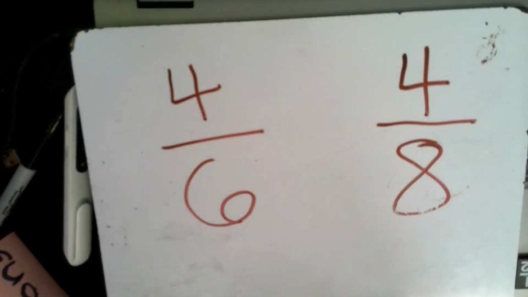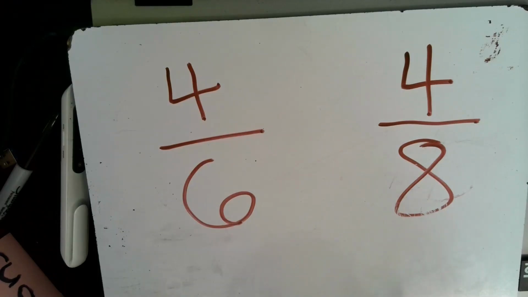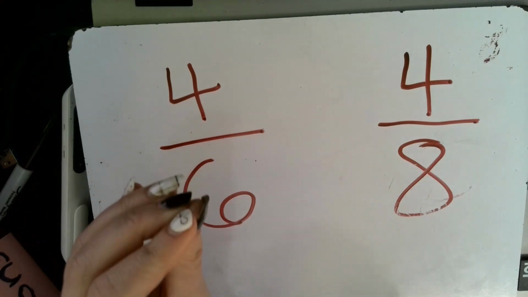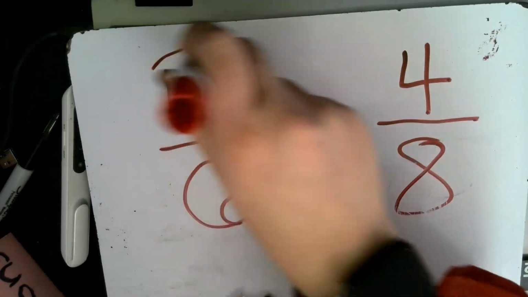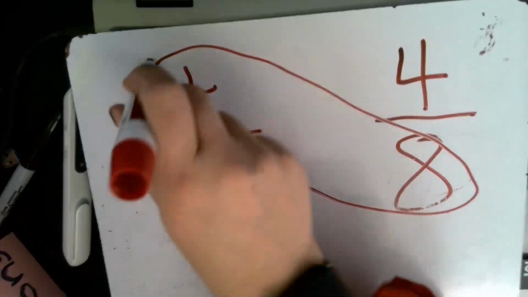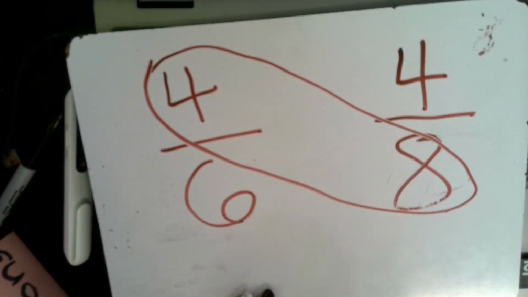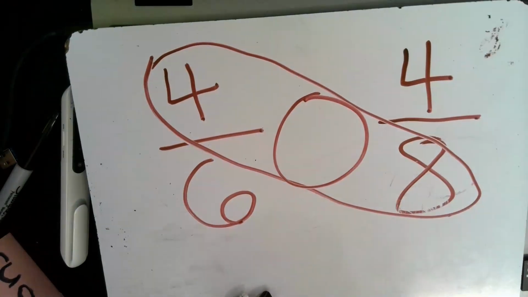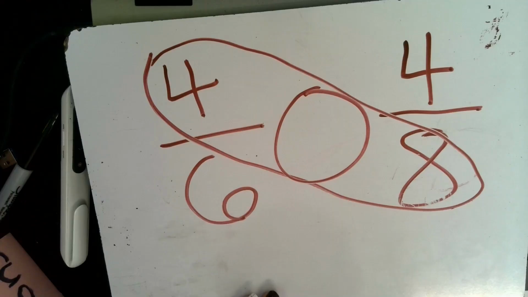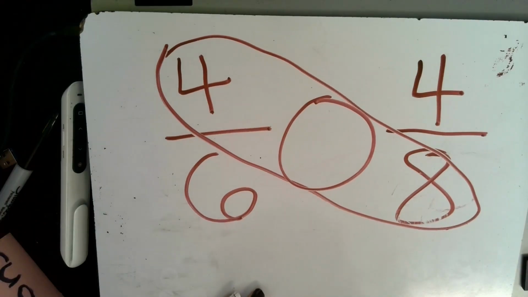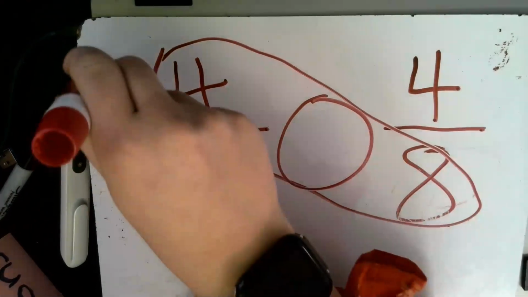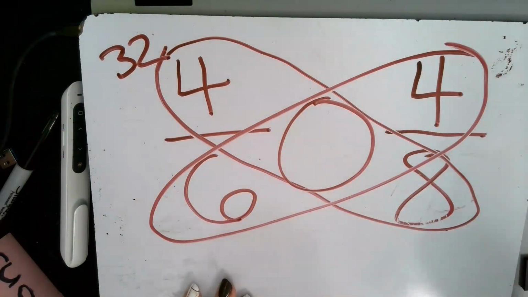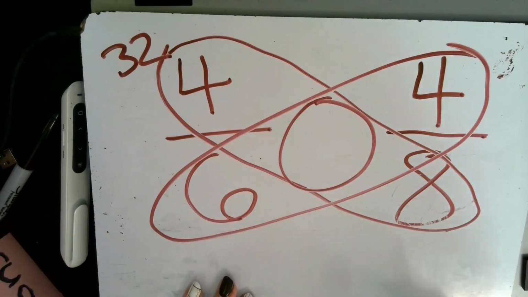Let's use the butterfly method to try it out. Ready? Start at the top. Yes, we're going to start our wings at the top. 4 times 8 is what, class? 32. Good. 4 times 6 is 24.